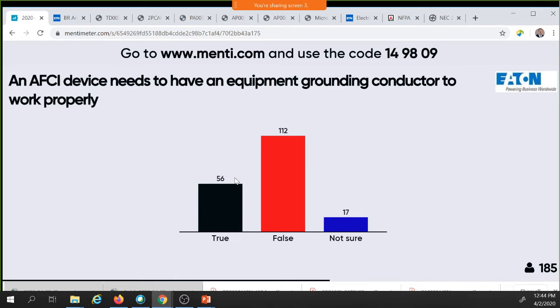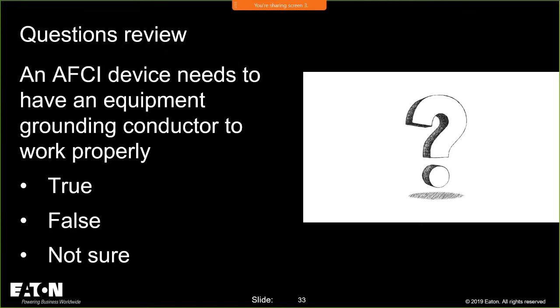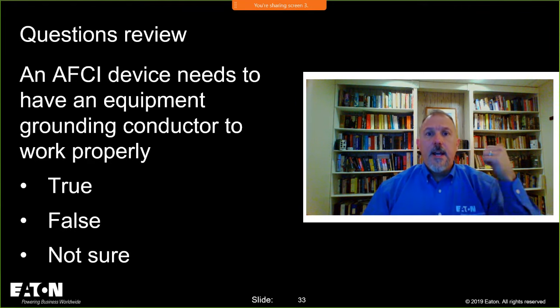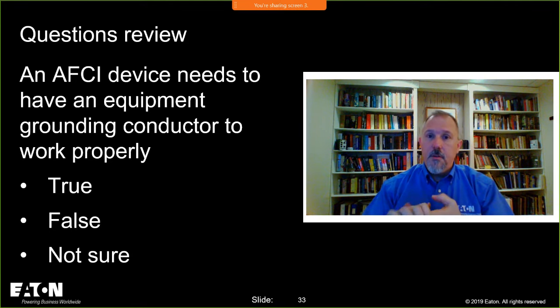You do not need an equipment grounding conductor to work properly. You have to remember that we talked about the SPT-2 cord example. From a technical perspective, the SPT-2 cord can be protected by an arc fault device from parallel arcs and series arcs, so you get both of those protections even in an SPT-2 cord downstream.